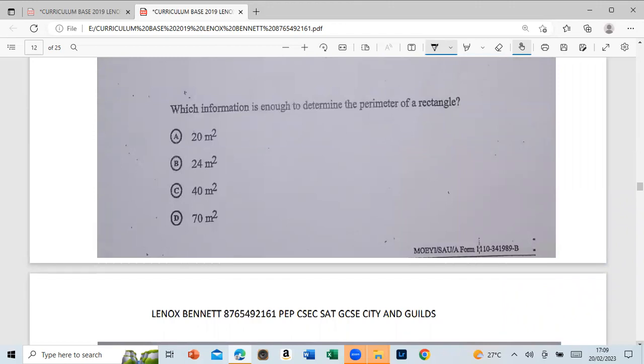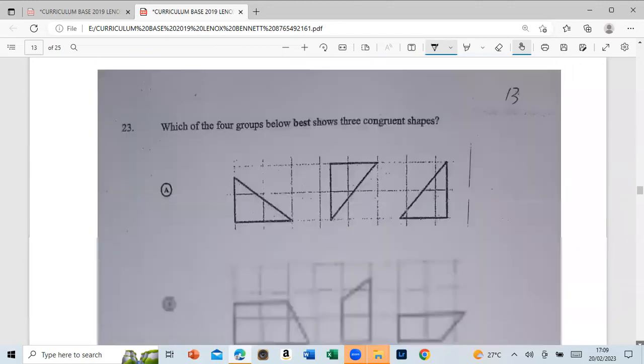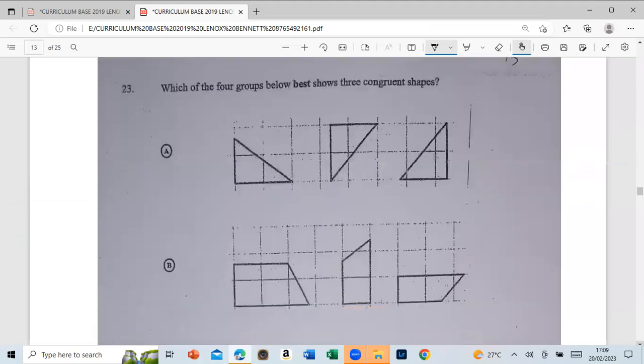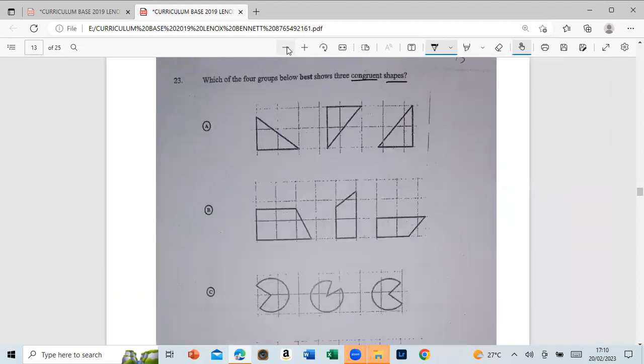So when we do that, you can see which of the four shapes below shows three congruent shapes. Now congruent is the key word right here. Congruent means it should be the same shape and the same size. Alright, so far this one looks the cutest. This one is too big right here, so an extra piece here messes up this, so it can't be this. Right here is small, there is big, so it can't be this.